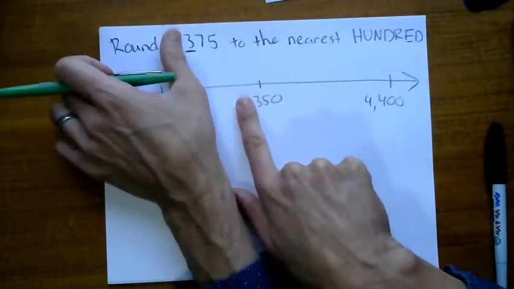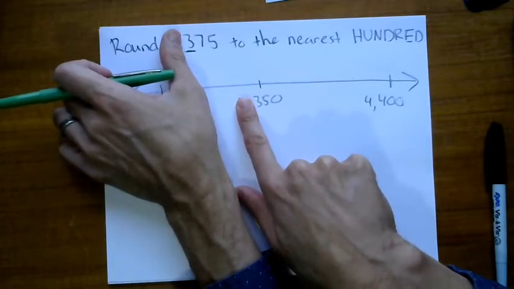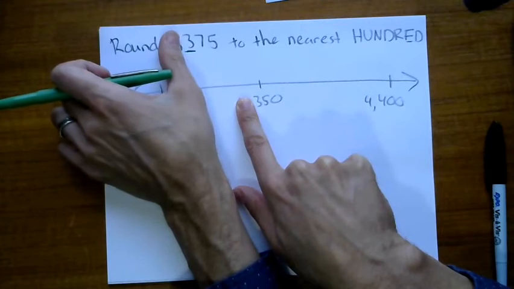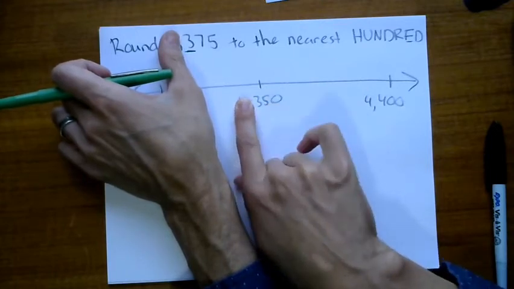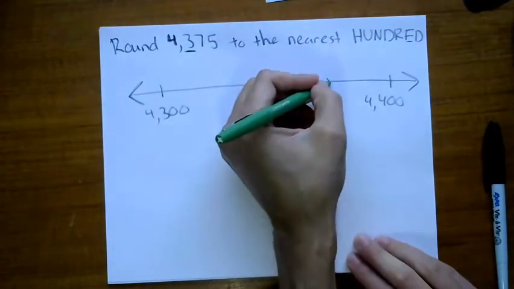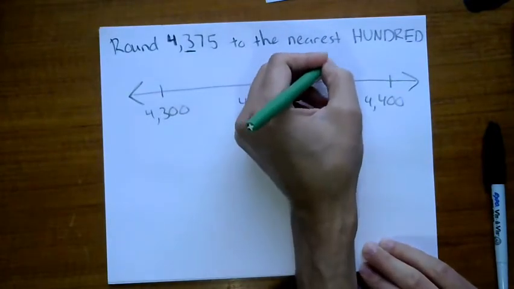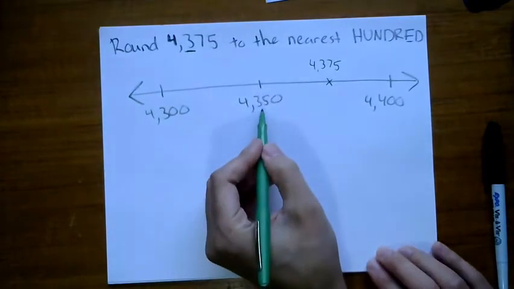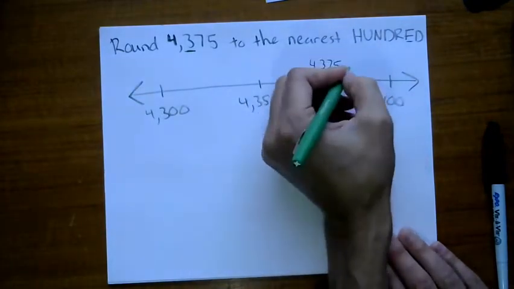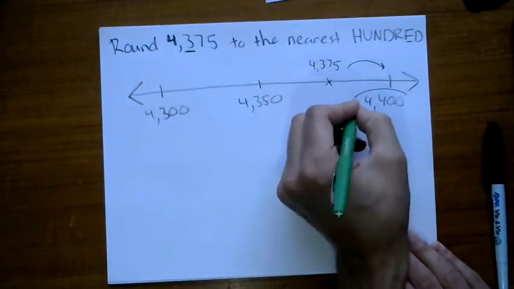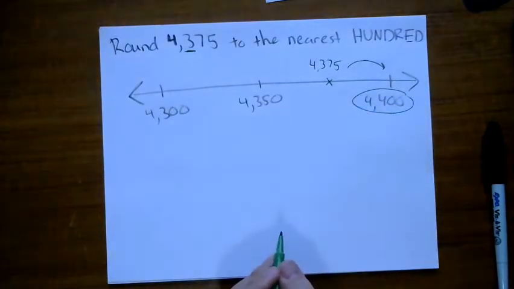So if I cover up the thousands place, I can see, oh yeah, I know that 375 is greater than 350. It goes about right here. So 4,375 is greater than 4,350, so it will round up to 4,400.